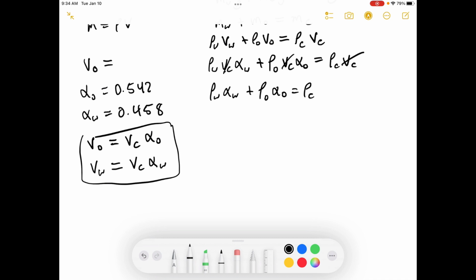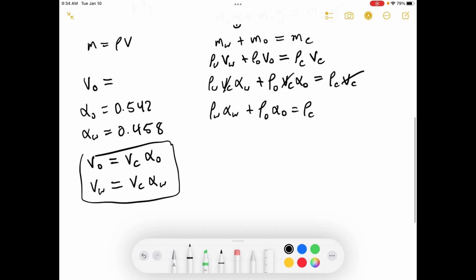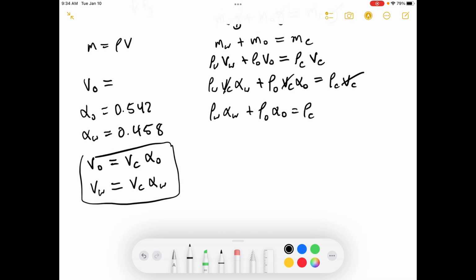Each one of these terms is known except for one. So we know the value of the density of water, we know the volume fraction in the oil, and we know the density of the carbon. The only one that we don't know is the density of the oil. So let's go ahead and solve for what the density of the oil is.